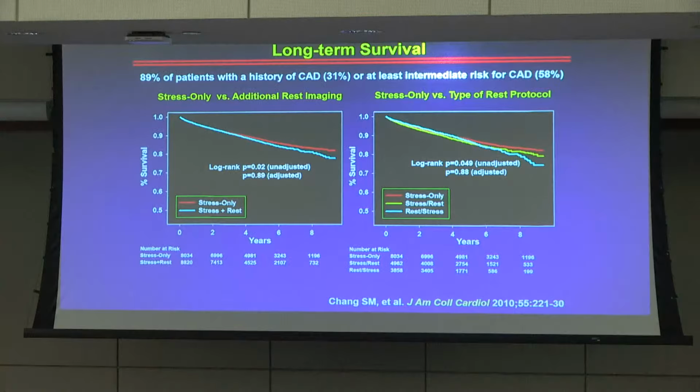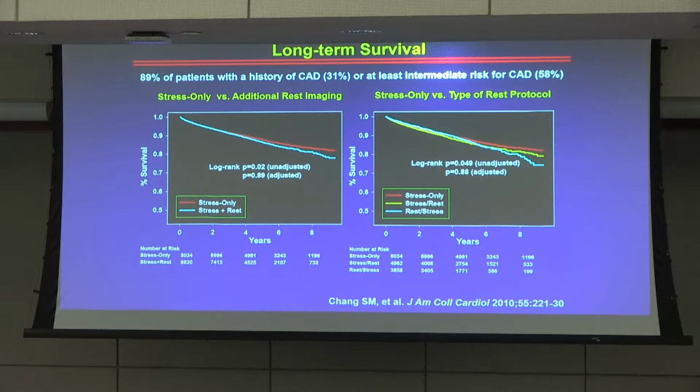And Dr. Mamarian and Cheng many years ago showed that if you have normal perfusion and the patient underwent stress only or stress rest, the outcome is the same. This is what we noted also in the recent paper by our fellow here, Maria.